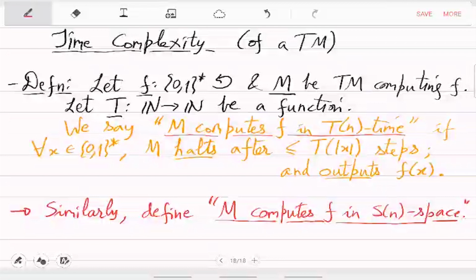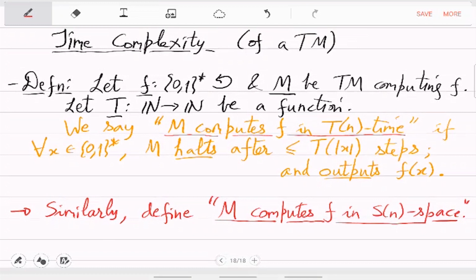This will be how many work tape cells were utilized. For example, in the previous example of parity computation, the work tape was not used at all. Only one bit of the input tape was used, so it was actually constant space complexity. And what was the time complexity of parity computation? The time it took was proportional to the length of the input, right?